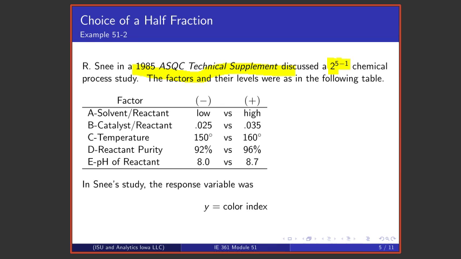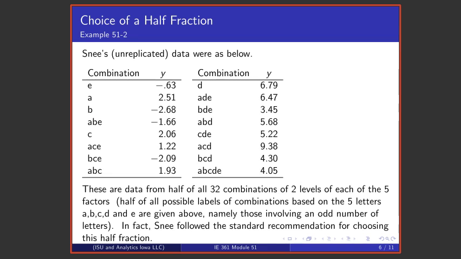The factors and their levels were A, B, C, D, and E, each with low and high levels. This was a chemical experiment. There was a well-defined response variable, some kind of a color index. And in Snee's study, he wanted to use a half fraction.